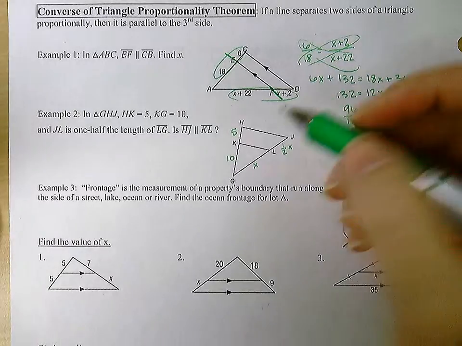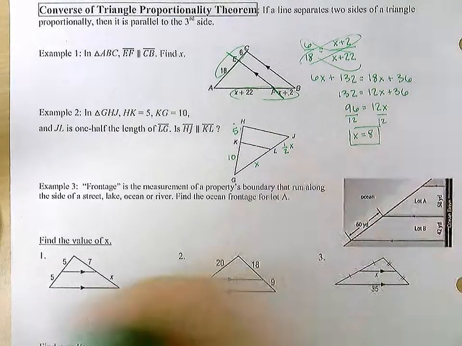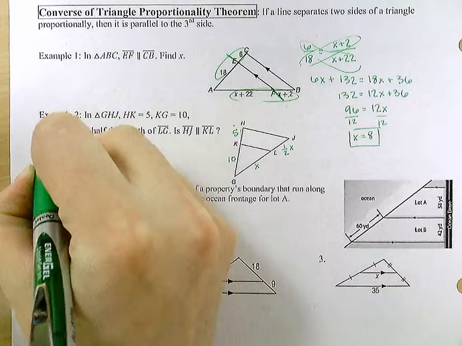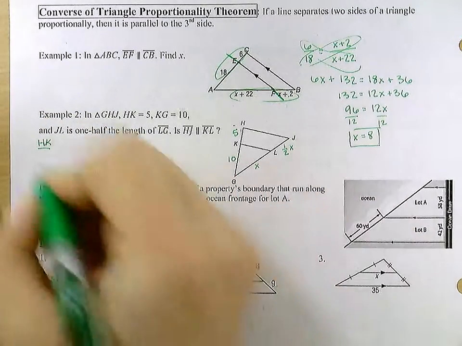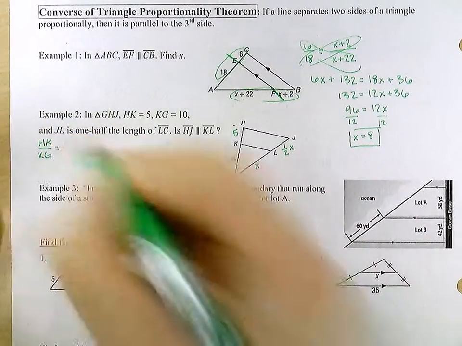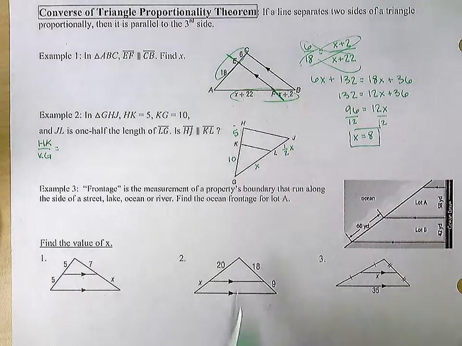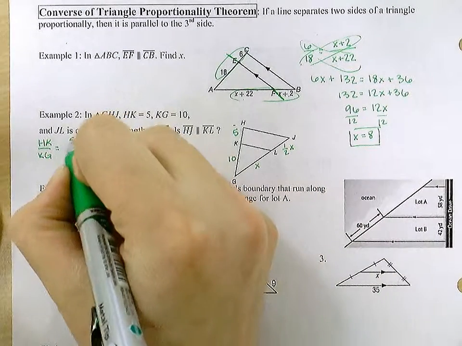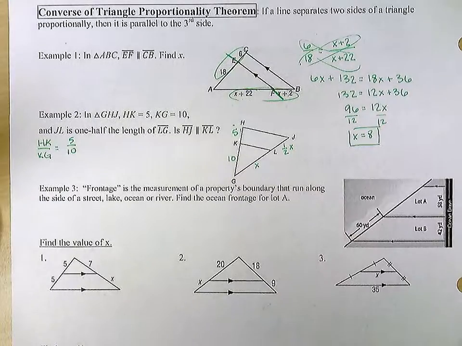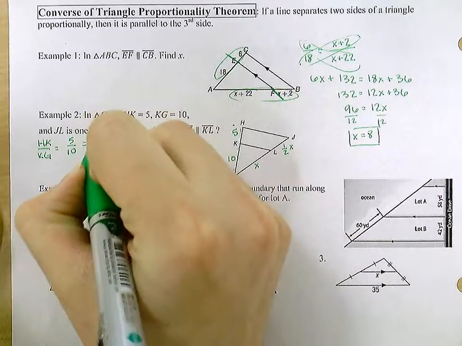So I'm going to set up my ratio here of HK to KG. Okay, that would be 5/10, which is what? 1/2.